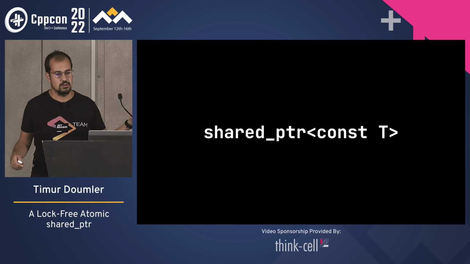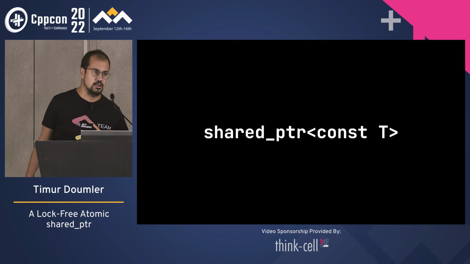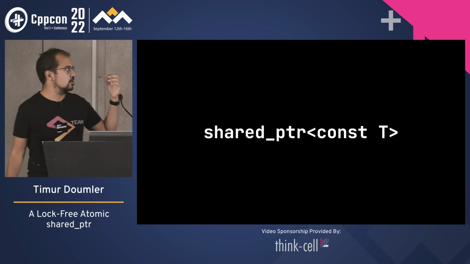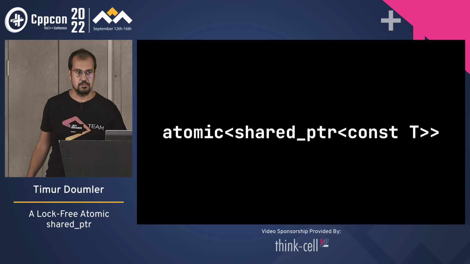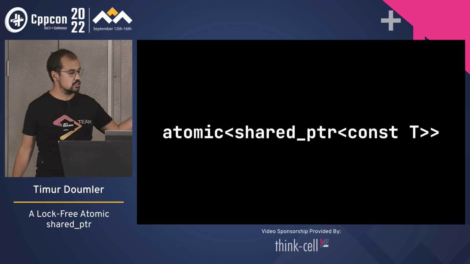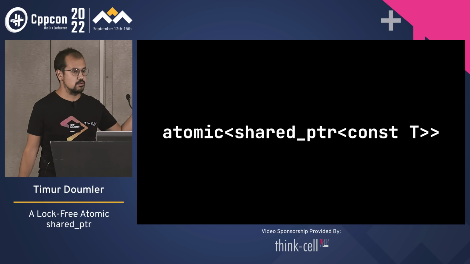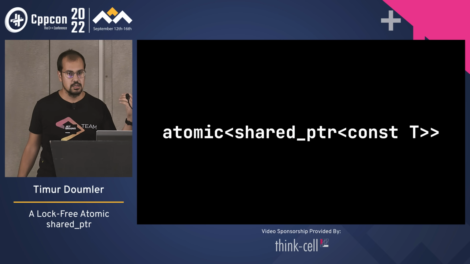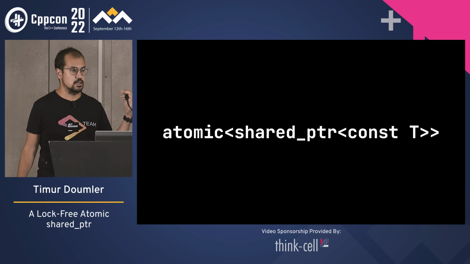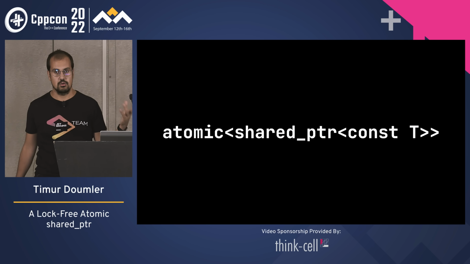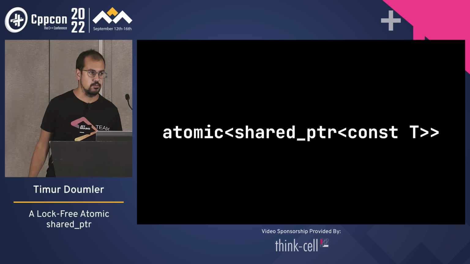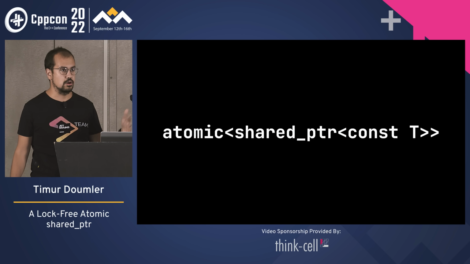We're not going to talk too much about the shared pointer aspect, but more the atomic shared pointer aspect. An atomic shared pointer allows you to share data or an object and manage its lifetime across threads in a thread-safe way, without using locks or mutexes.